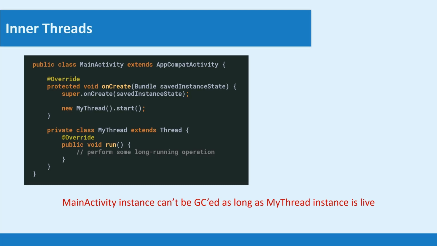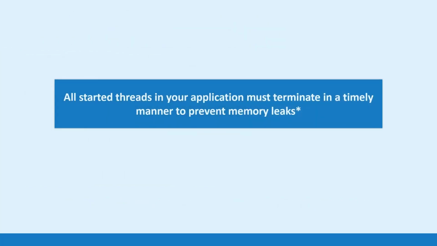For instance, its onDestroy method has already been called by the system and another activity is being recreated instead of it. For example, if you rotate your phone, as long as this thread is alive, the old instance of main activity will hang around, and if the run method of this thread never returns, then basically I've just leaked my main activity forever.